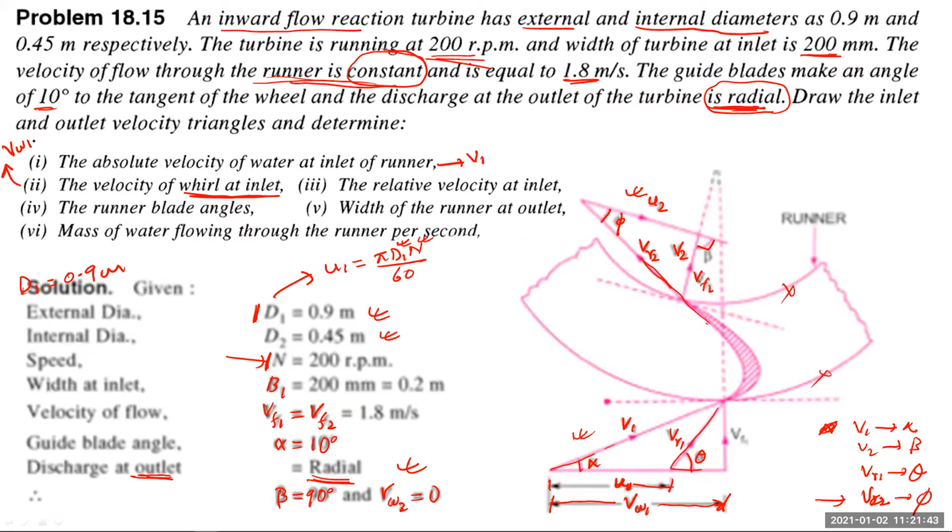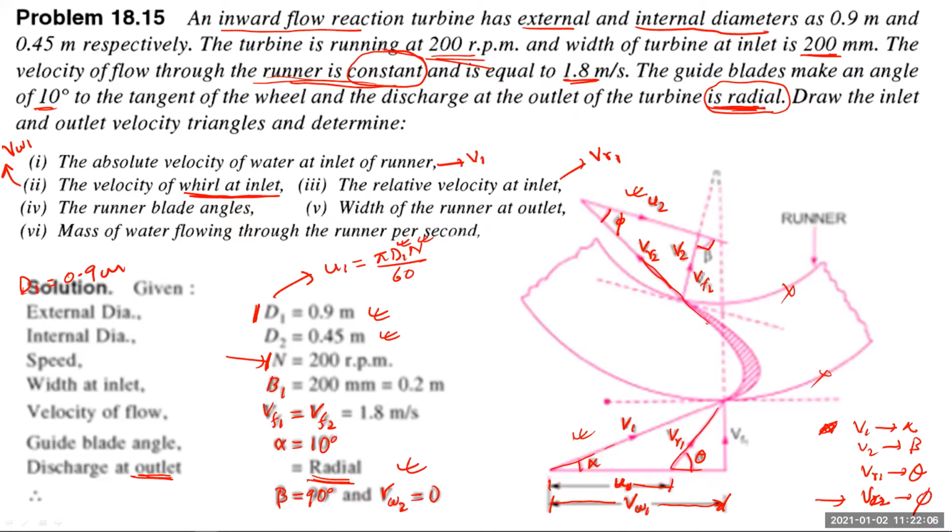Inlet means 1, I am writing here. Relative velocity at inlet means vr1. And you all know what is vr1. V1 minus U1 will give you VR1. It is that simple.